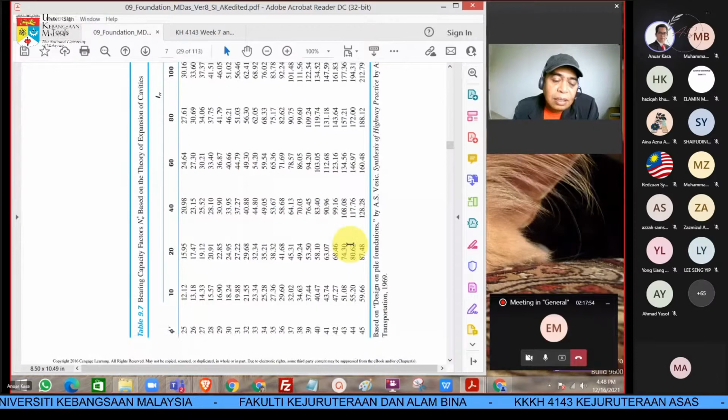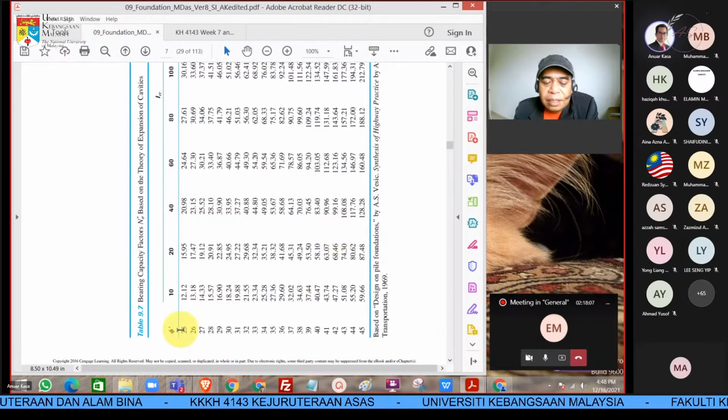Here, normally for the bearing capacity factor, similar to the previous one in the shallow foundation, if we know the phi value or angle of internal friction, then we can use the table or equation to get the N value factor, the bearing capacity factor.